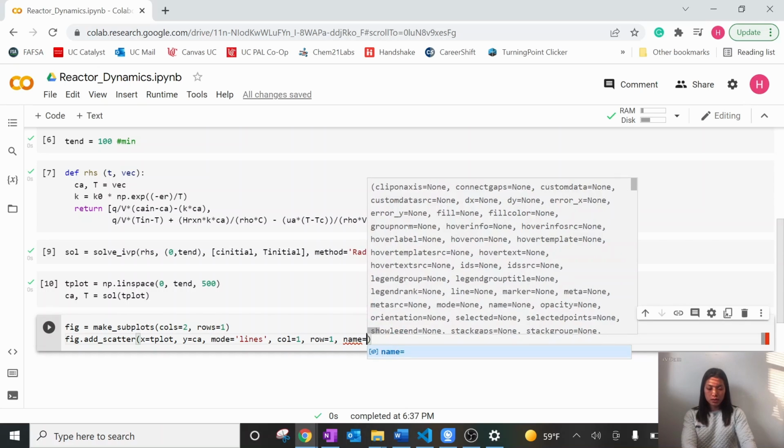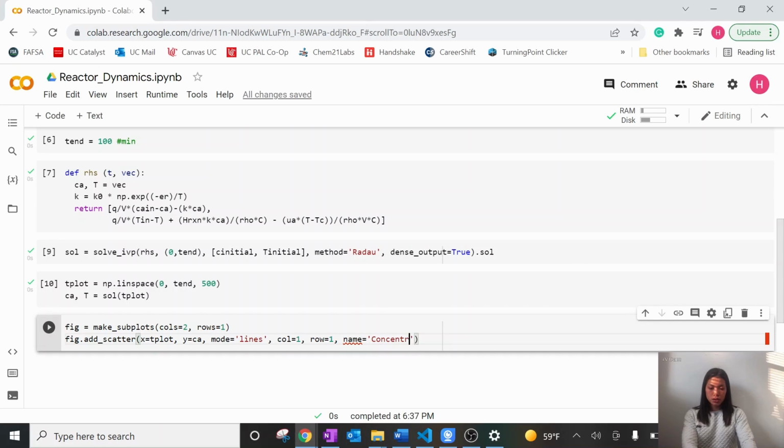And we will name this concentration of A.